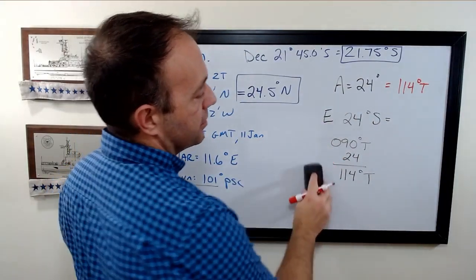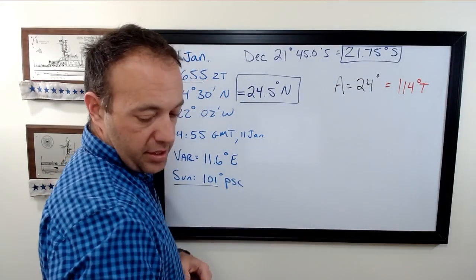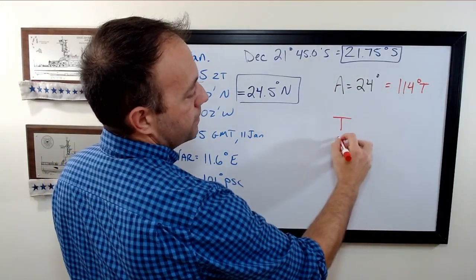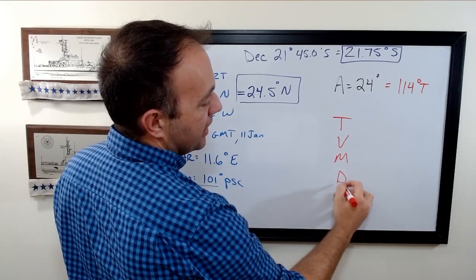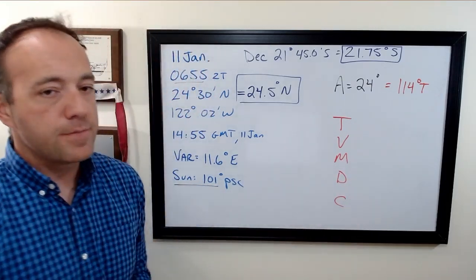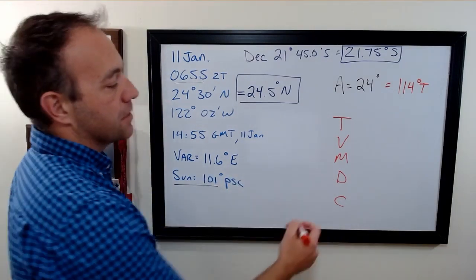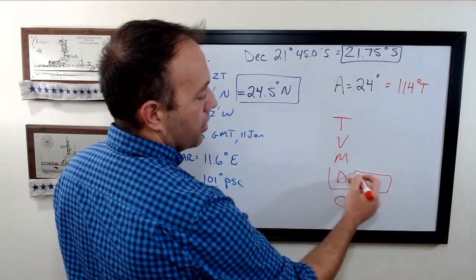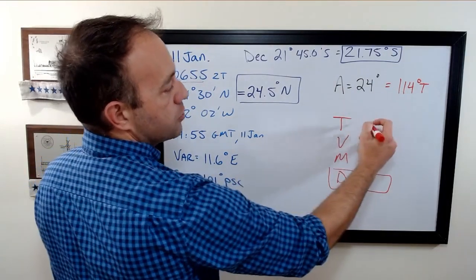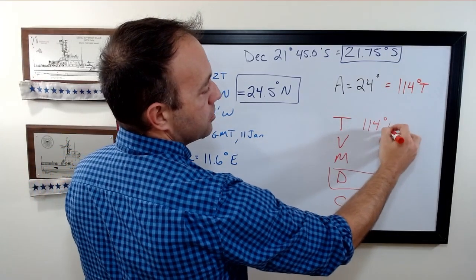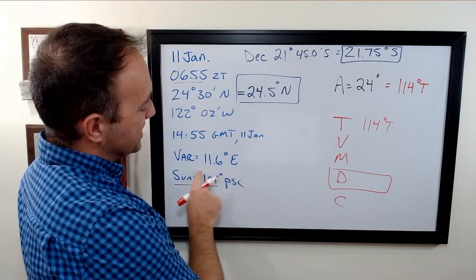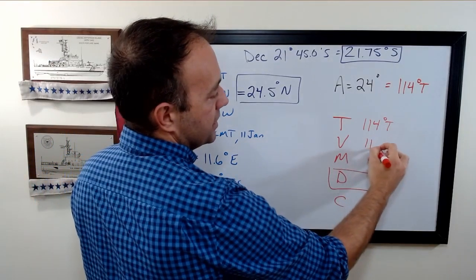Just copying this here and cleaning up some space on the board. So true, variation, magnetic, deviation, and compass. We can fill in the information that we know and then solve for what we're looking for, which is the deviation of the compass. So this is what the problem has asked us to do. Our true value is 114 degrees true. Our variation was given as 11.6 degrees east.